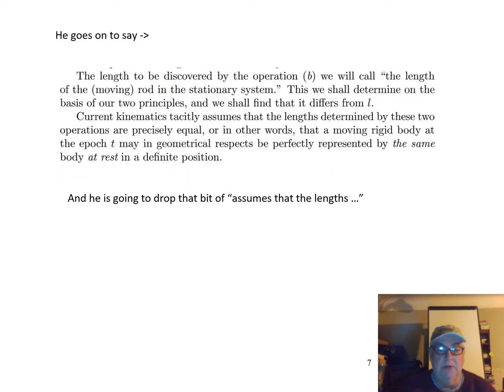And he then goes on to say the length to be discovered by the operation B we will call the length of the moving rod in the stationary system. And he goes on to assume something, and what he assumes is that the length ... and eventually he's going to drop that assumption.